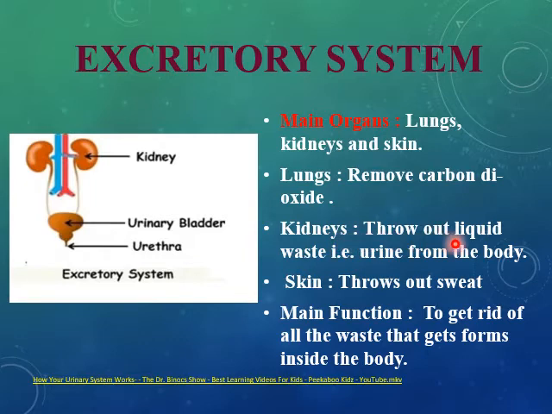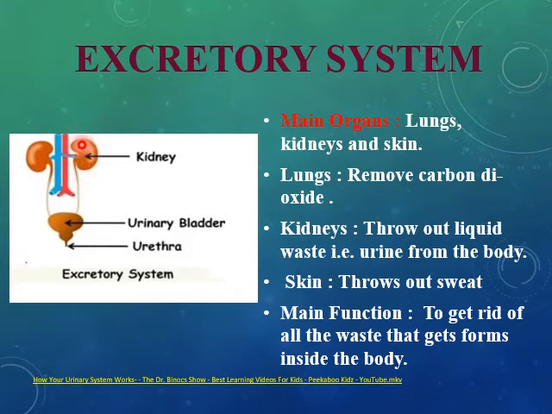Kidneys throw out liquid waste, that is urine, from the body. See children, you can see here, this is our kidney and we have two kidneys here. The kidneys are two bean-shaped organs. If you will see the shape of our kidney, it is like a bean.